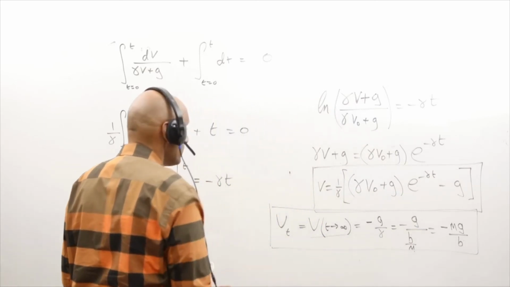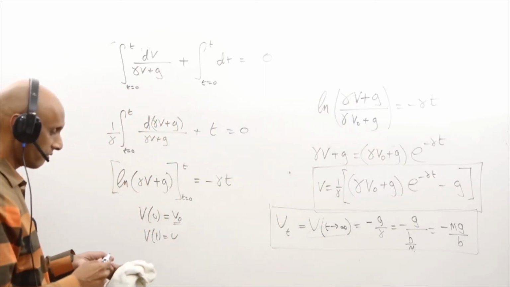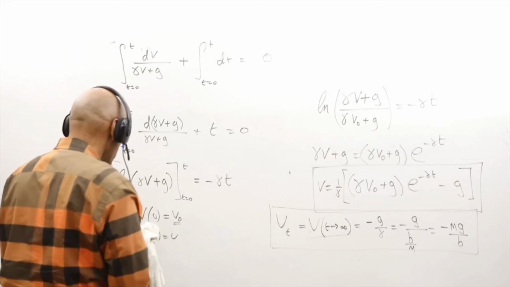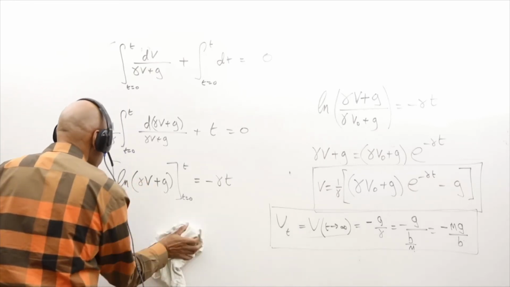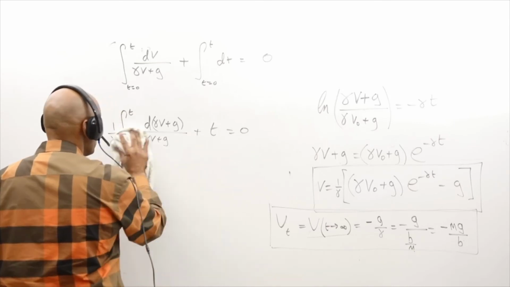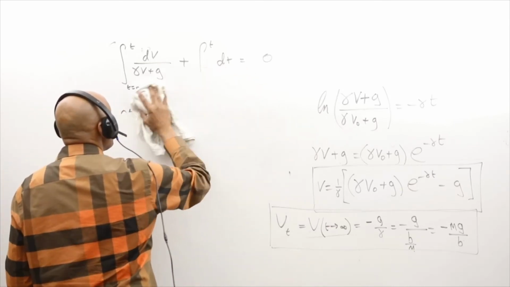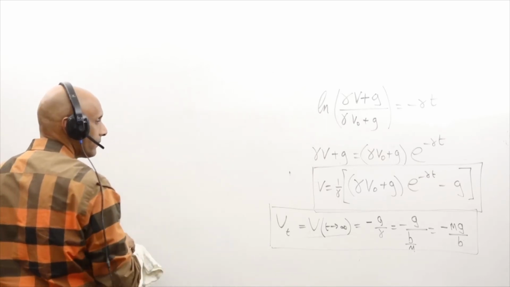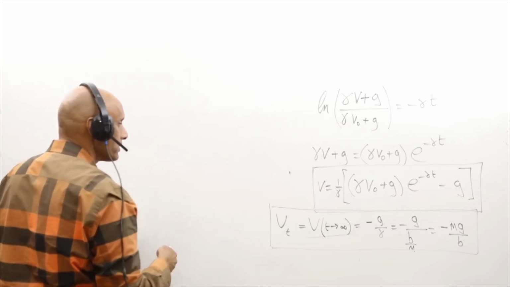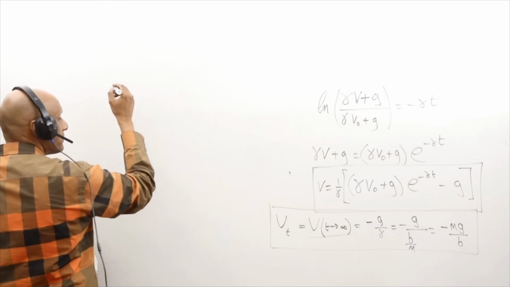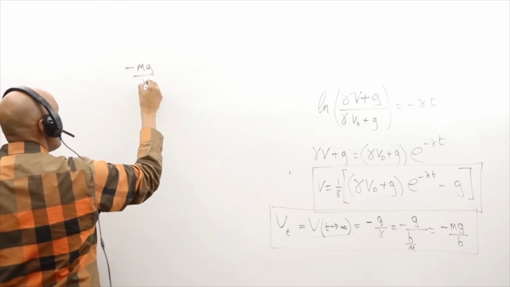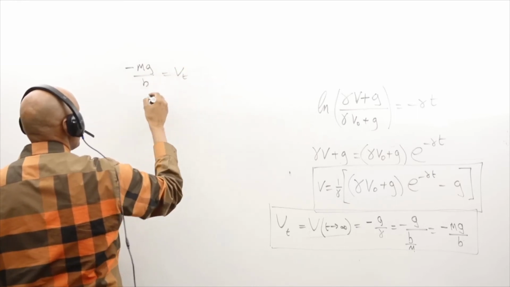So this is all completely separation of variables. We now know that if somebody knows what the terminal velocity is for an object, I should be able to calculate b. Solving for b, minus mg over b is the terminal velocity of the object.